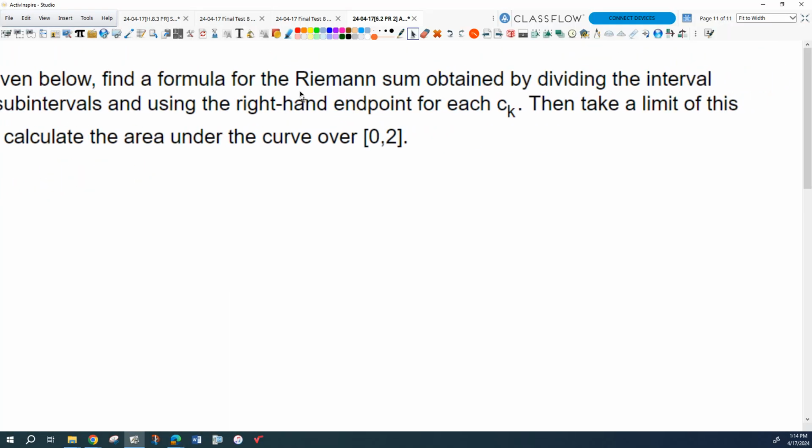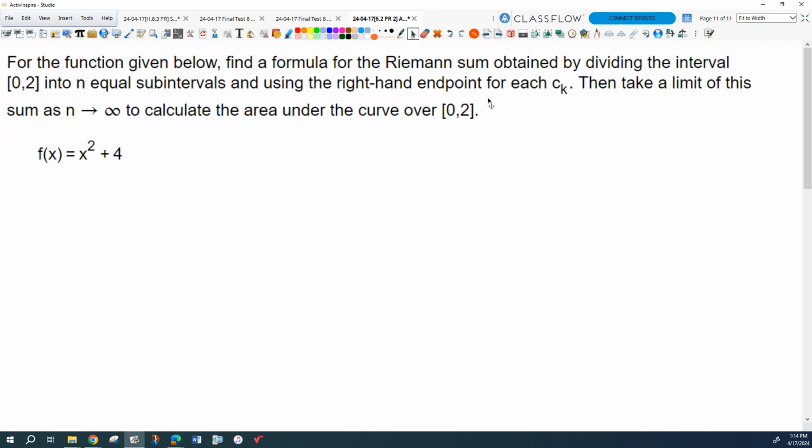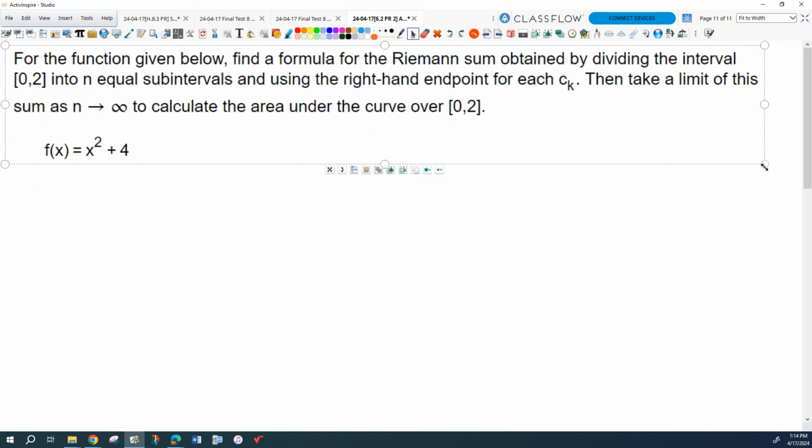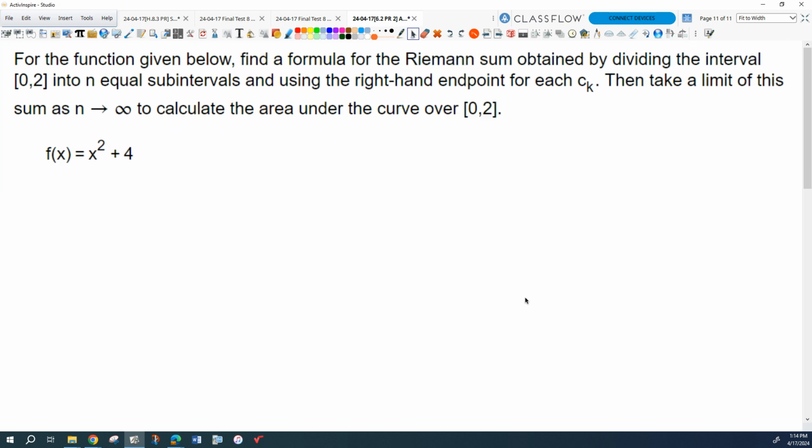Okay, what's this asking us to do? For the function below, find the formula for the Riemann sum obtained by dividing the interval 0 to 2 into n equal subintervals, and we're doing a right-hand sum using the right-hand endpoint for each.